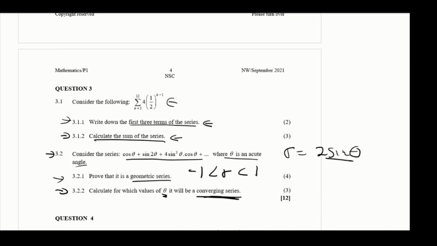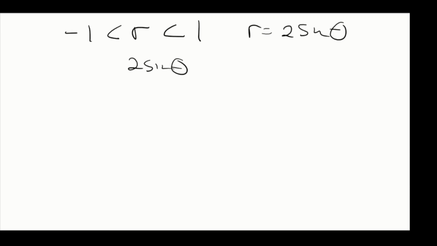So we're going to substitute this 2 sine of theta into this problem here. So our convergence is between -1 and 1, with r being equal to 2 sine of theta. So we're going to say 2 sine of theta lies between -1 and 1.